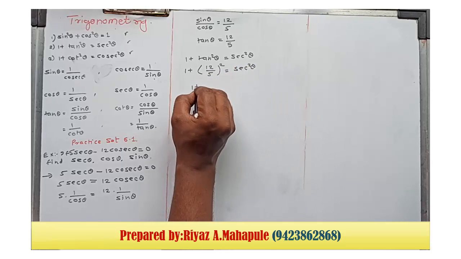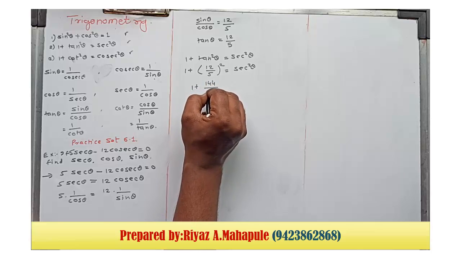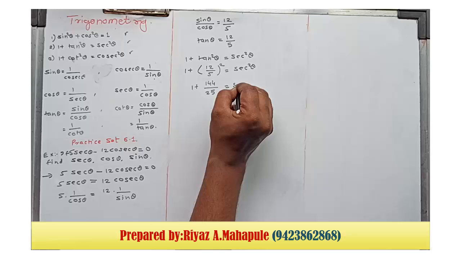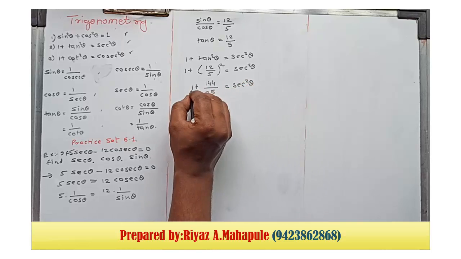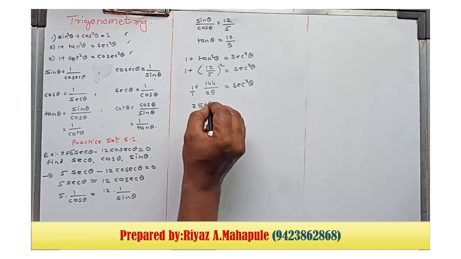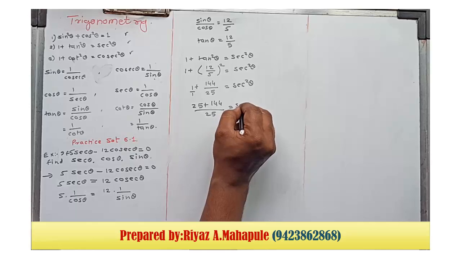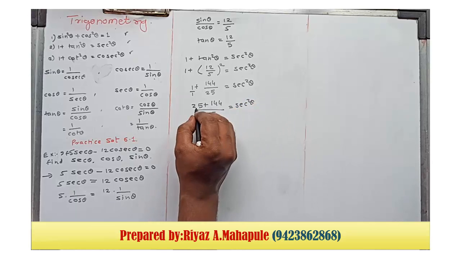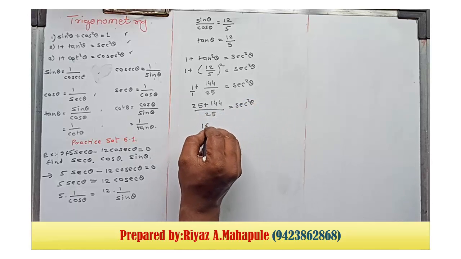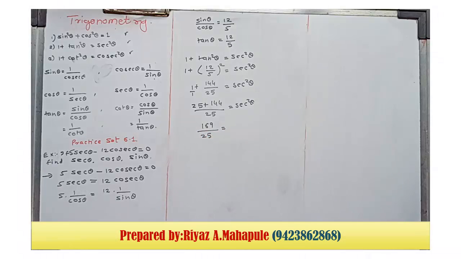So you will get 1 plus 12 square is 144 upon 5 square is 25 is equal to sec square theta. So this one is nothing but 1 upon 1, take cross multiplication, so you will get 25 plus 144 upon 25 is equal to sec square theta. So 144 plus 25 is 169 upon 25.